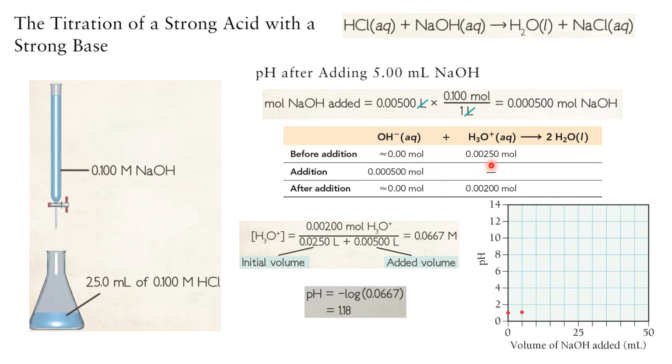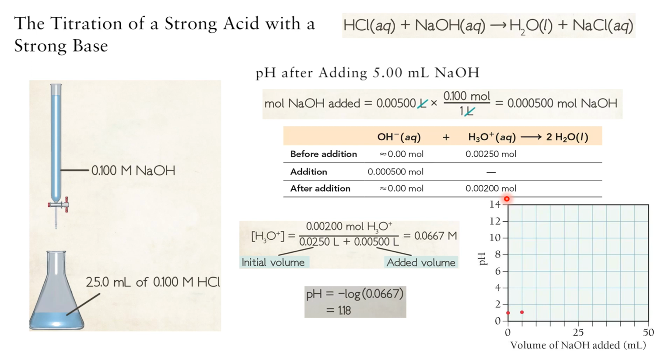Now, how much acid do we have left? Well, let's just take the amount of acid we started with, which is 0.00250, and subtract the amount of base that we added, which was 5 milliliters, but in this case, it's this amount of moles of OH minus. And this is how much H3O we have left, right? This minus this. And now we have the moles of H3O left, but we need concentration.